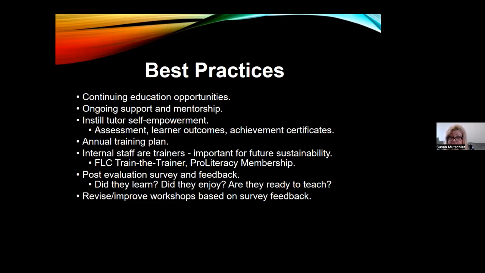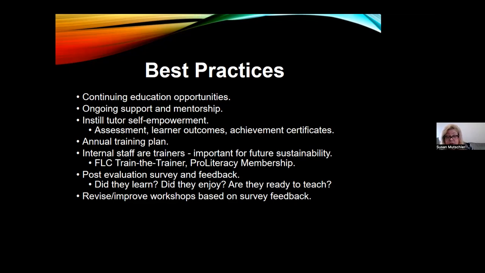We're not here to read a master's level paper and make corrections to it. That's what the college has, their own writing lab. Sometimes staff are not always familiar with what the mission and the vision are of the literacy program, unless we let them know. And so an annual training plan to help your staff know that is probably a good thing.